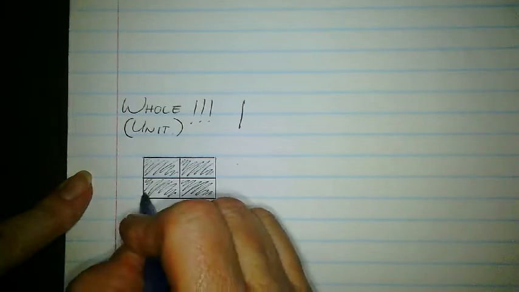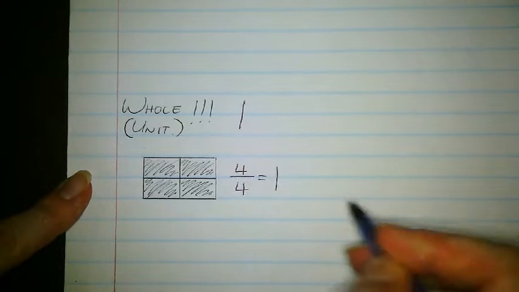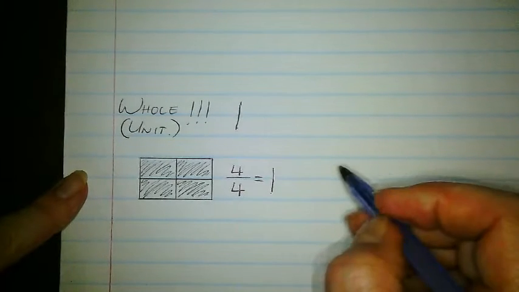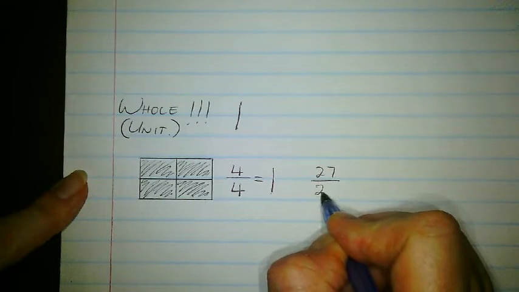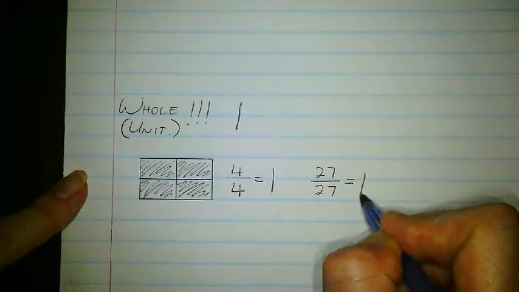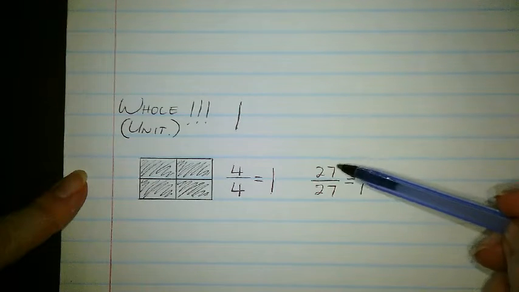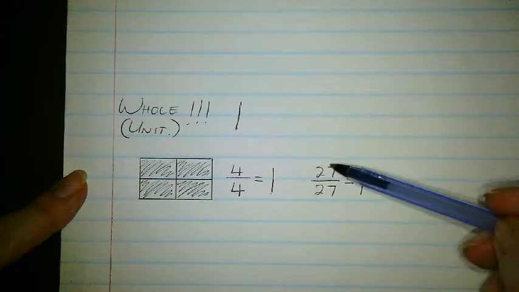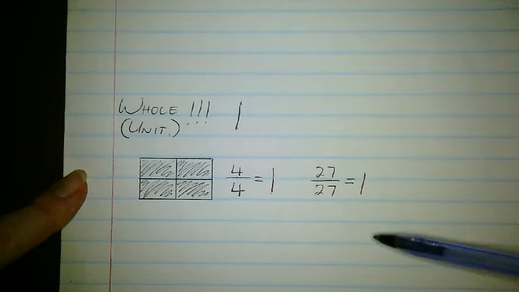So the way I'm going to write that to show it's a unit, it's 4 over 4, or 4 quarters, and then it equals 1, or 1 unit. Okay, now if you look at 27 over 27, or 27 twenty-sevenths, then it's also a unit. So to identify a unit, you must look at the numerator and the denominator that's exactly the same. So if you see that, you can write it as a whole or 1.